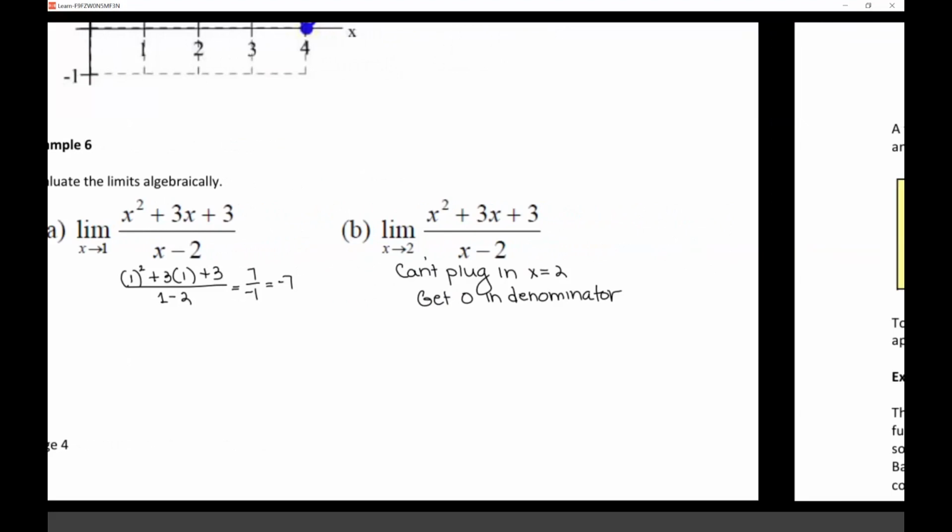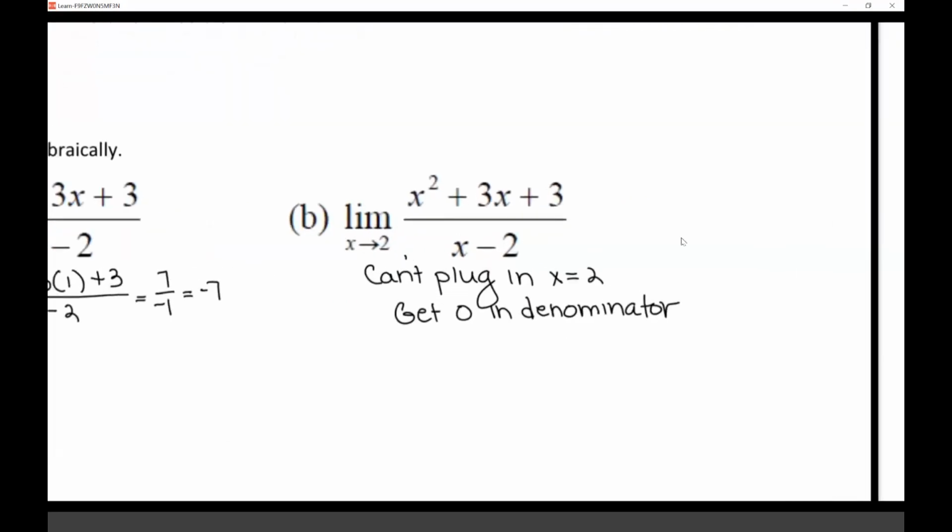So everybody remember from college algebra, if I have a factor in the denominator that's not shared by the numerator, remember I said this doesn't factor at all.